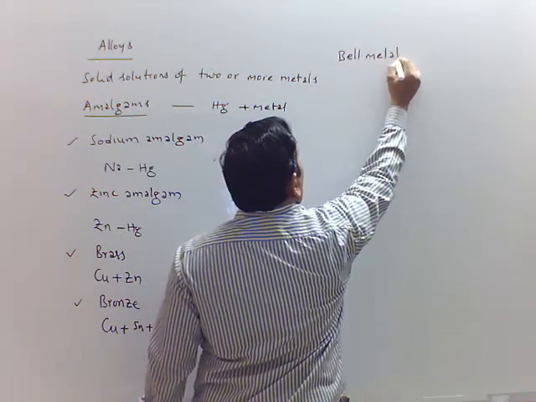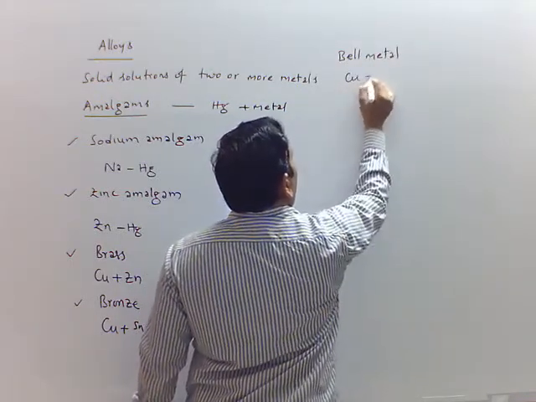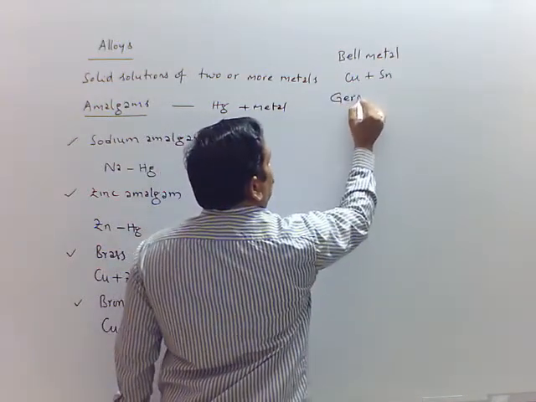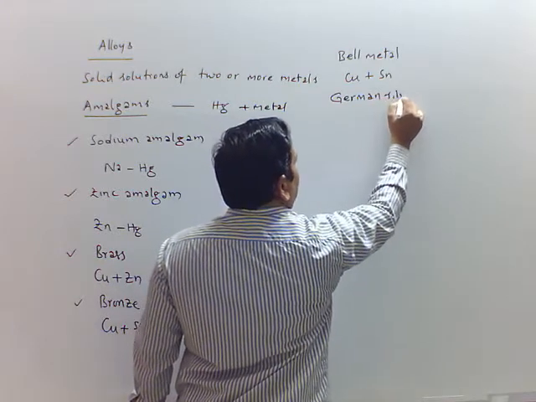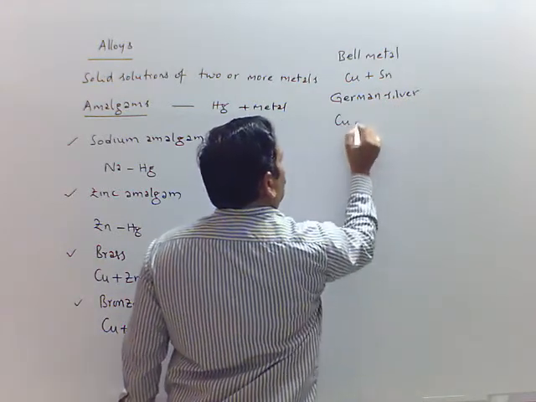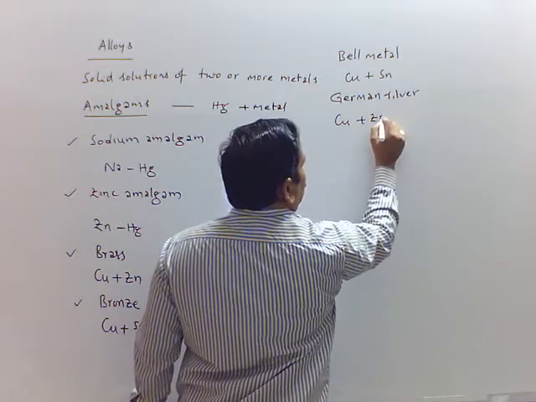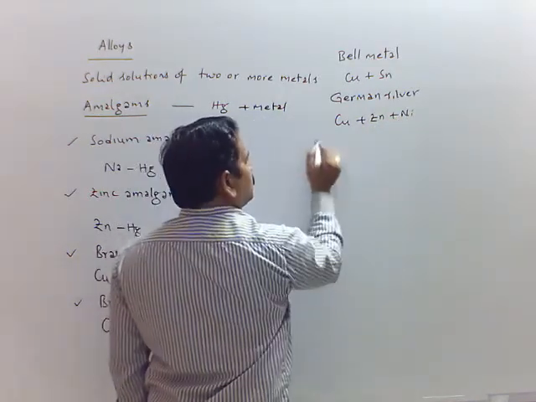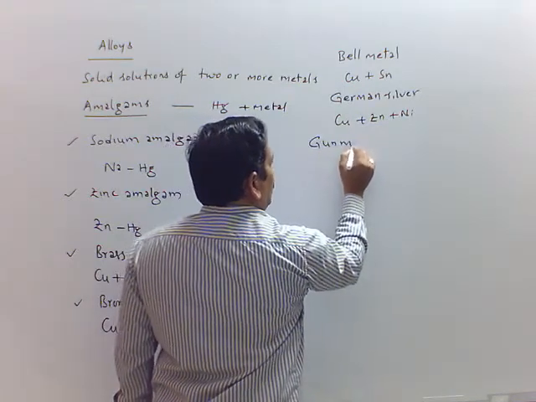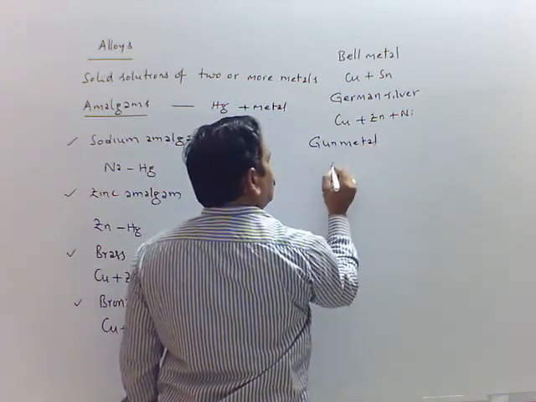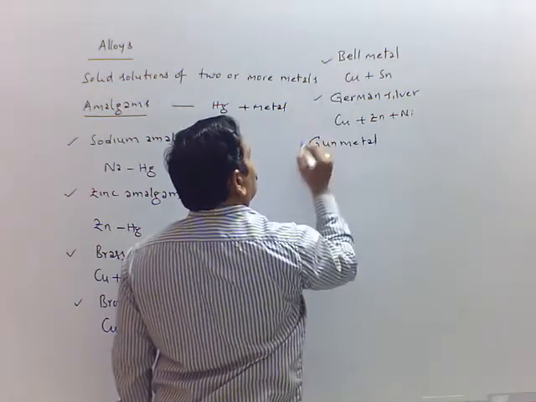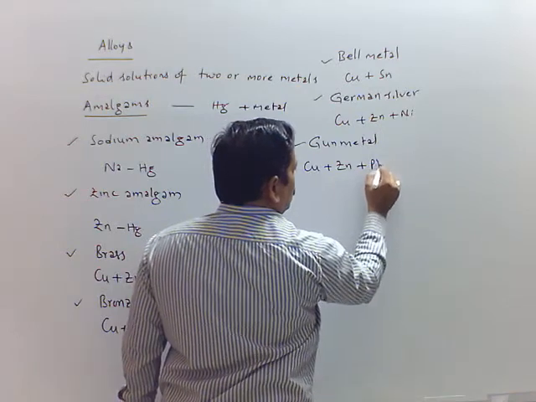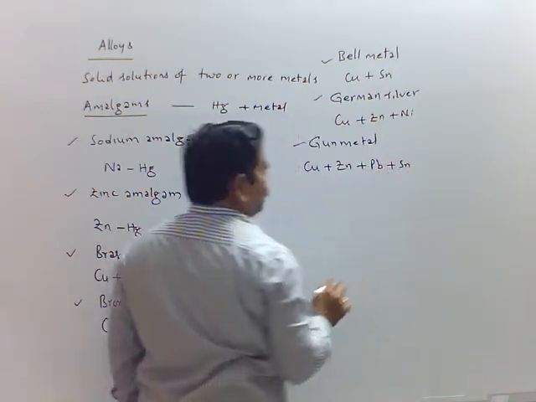Bell metal: copper and tin. German silver: copper, zinc, nickel. Gun metal: copper, zinc, lead, tin.